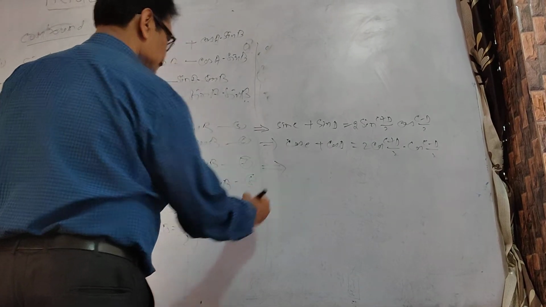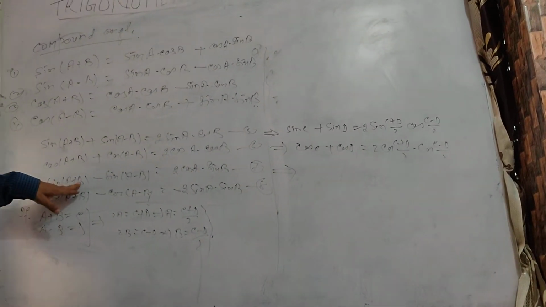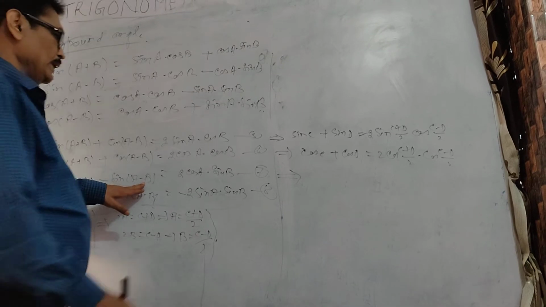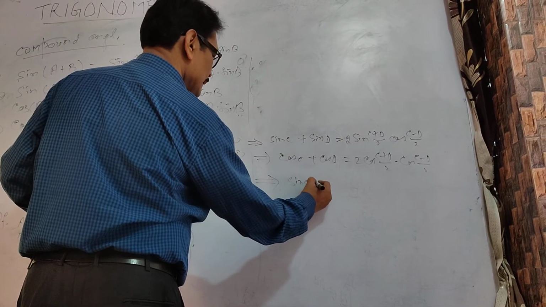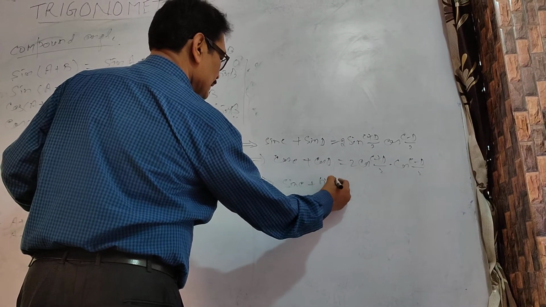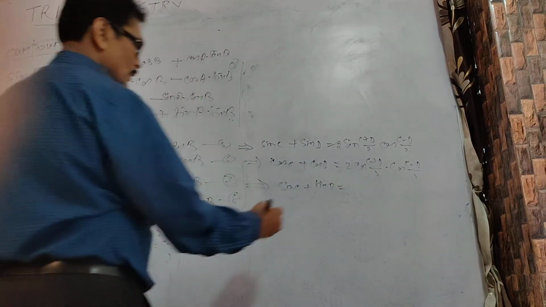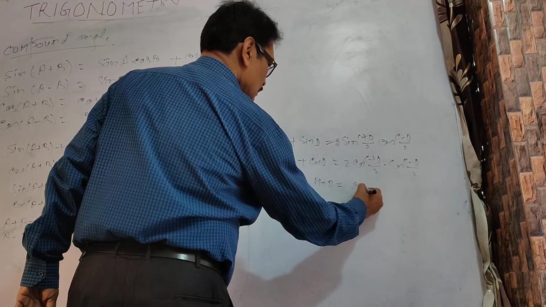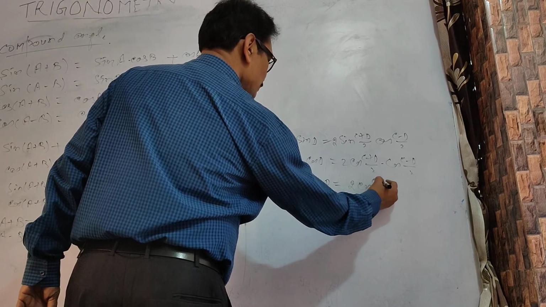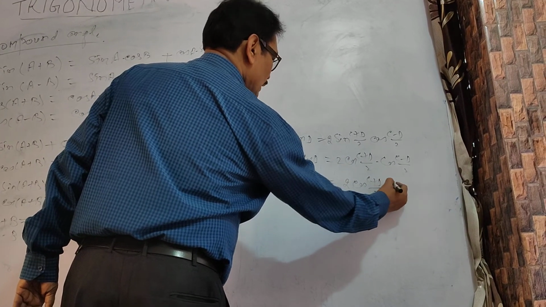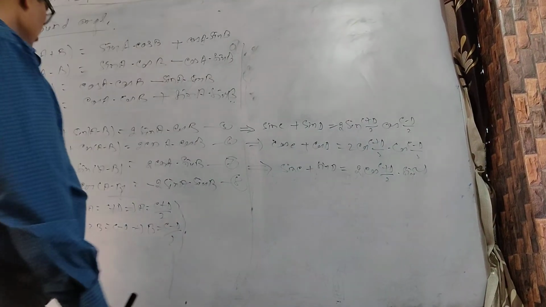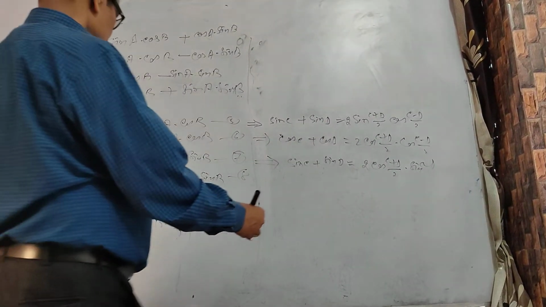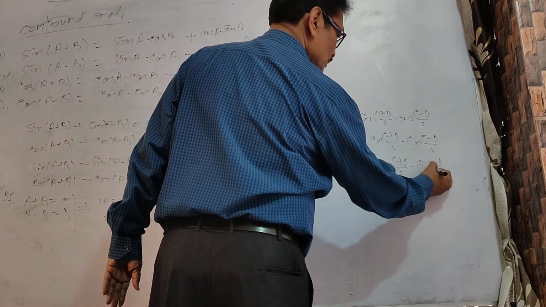From 7, here A plus B is equal to C, A minus B is equal to D. So we write here sin C plus sin D is equal to twice cos C plus D upon 2 and sin C minus D upon 2.